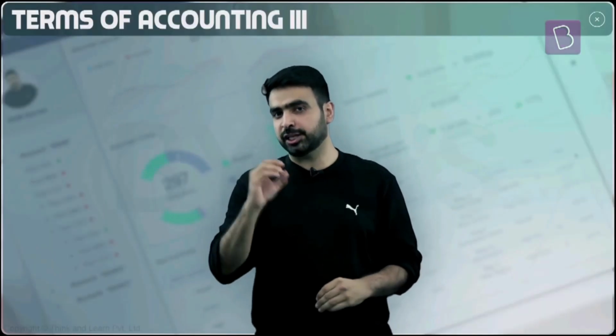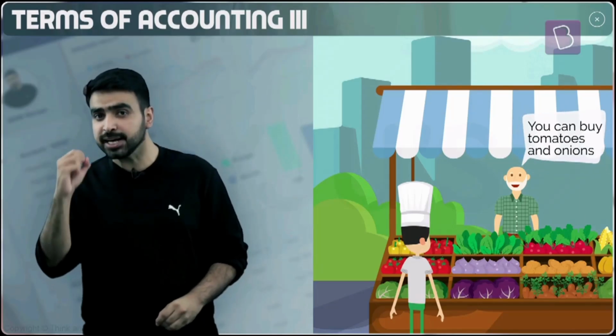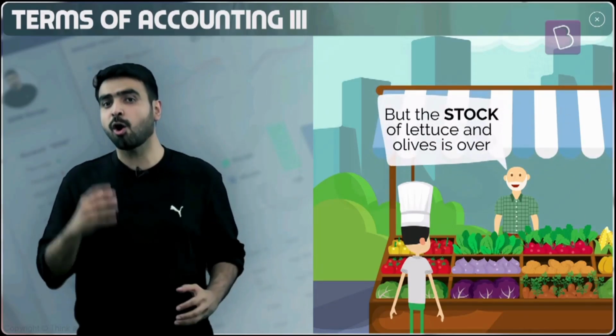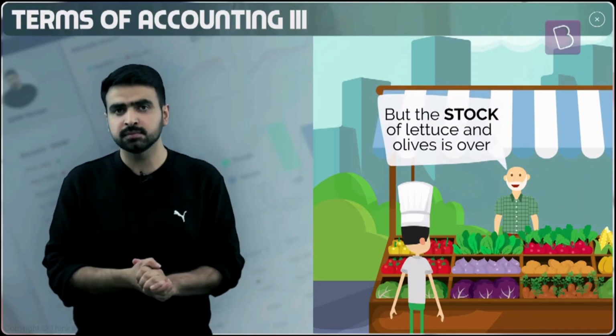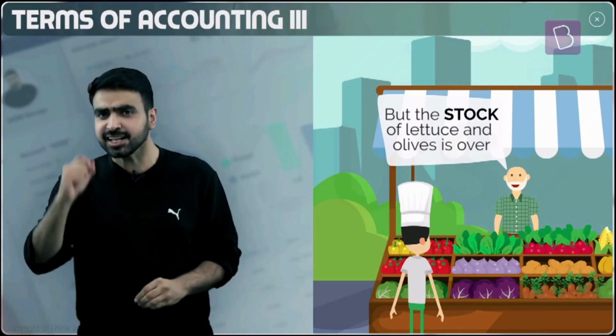Now what has happened is that Rohit has run short of vegetables. So he sends the chef to buy tomatoes, onions, lettuce and olives. The vegetable seller tells him that you can buy tomatoes and onions, but the stock of lettuce and olives is over. What did he just say? He said stock. But what is stock?